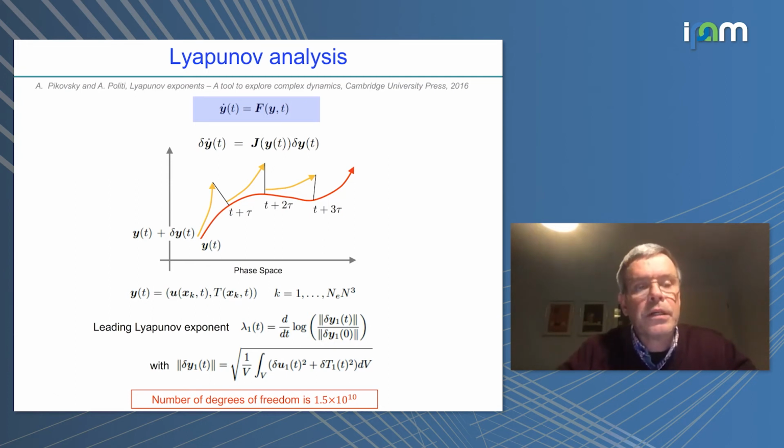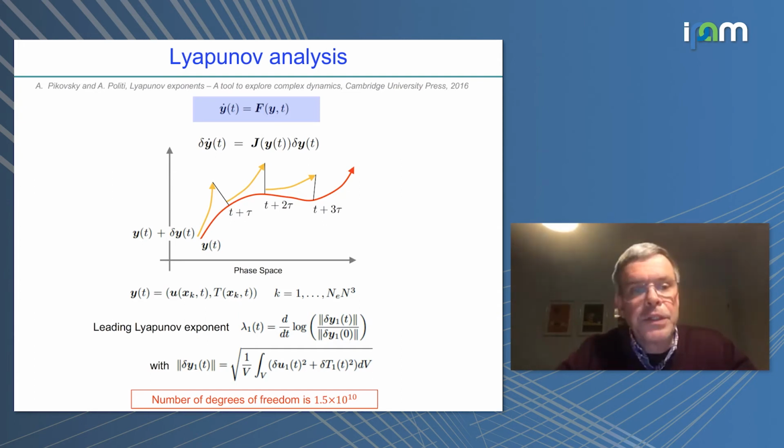And what we are now doing is we are putting a little perturbation on this trajectory and have a neighboring trajectory, and then we are quantifying the exponential separation from the original one. And this is typically done in this rescaling formalism, as I have tried to indicate it here in our picture.